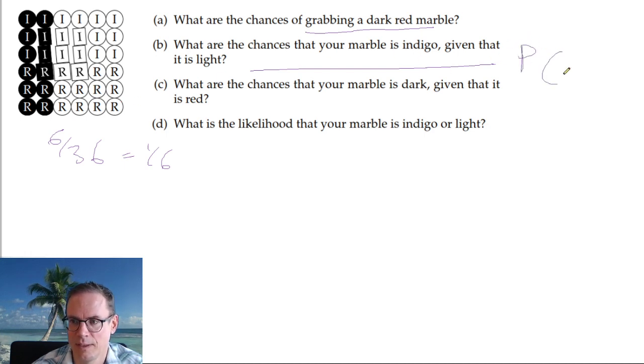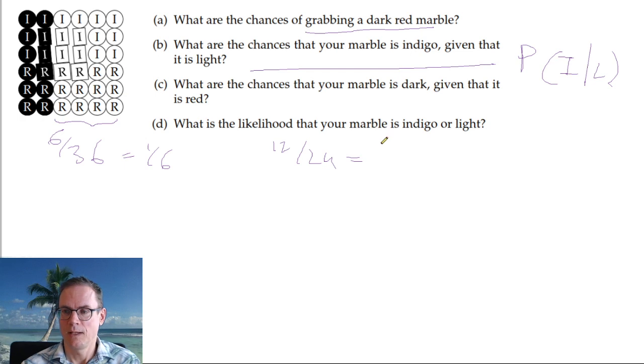Probability of indigo given light. Well, we know that you have grabbed a marble from the right 24. These are the light ones. And then we want to know which proportion of those is indigo. Well, that's half. That's 12 out of 24, which is a half.